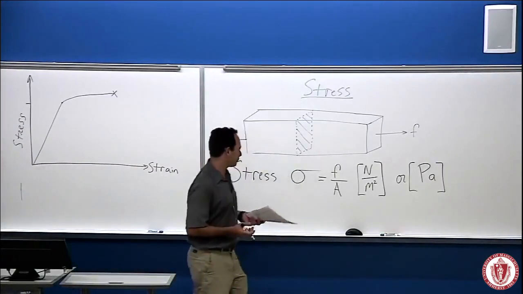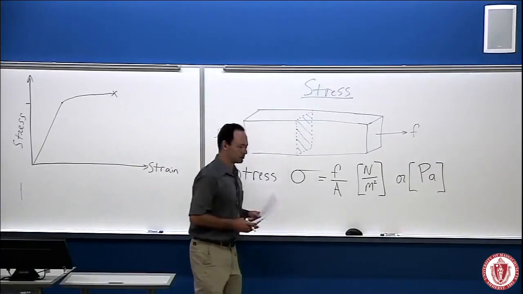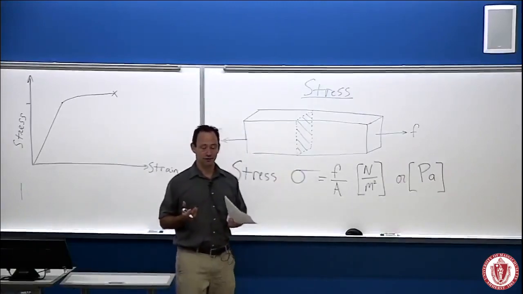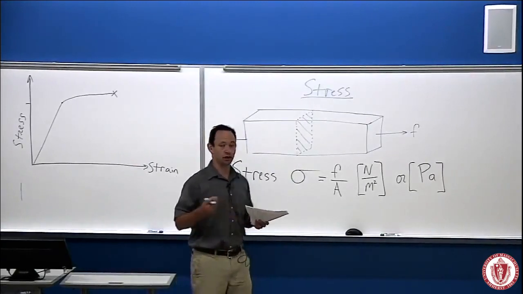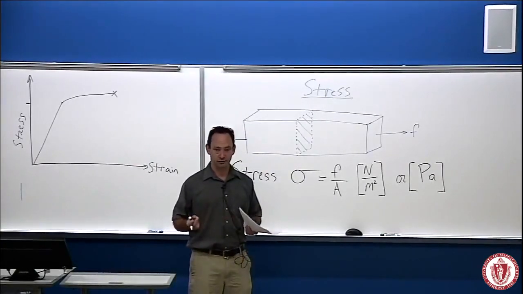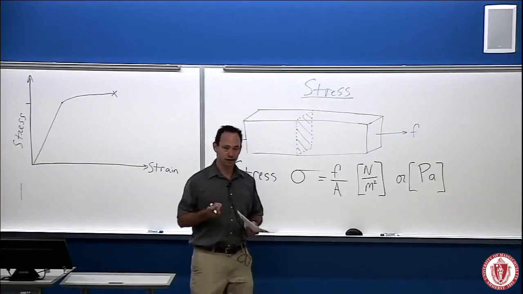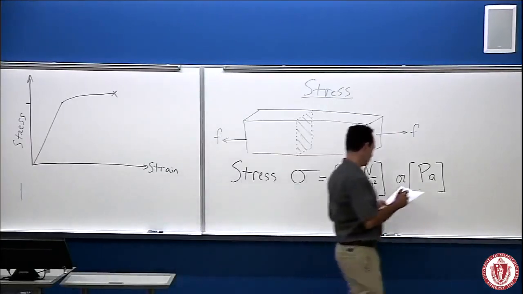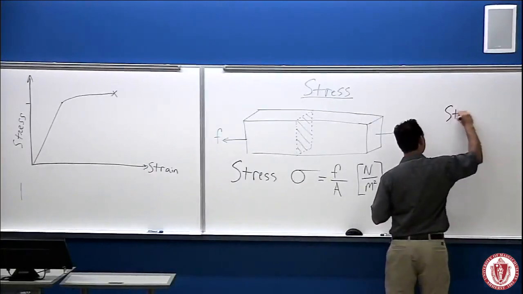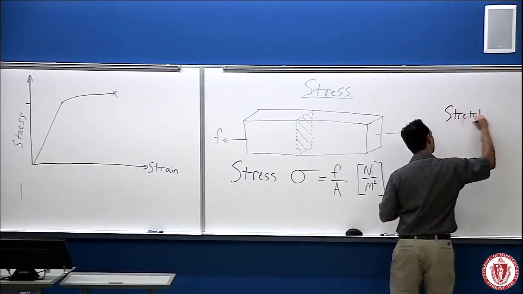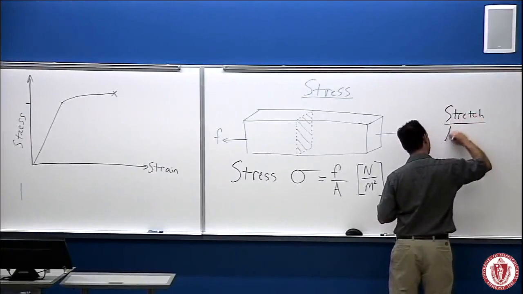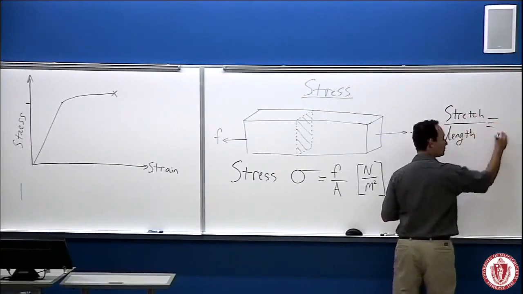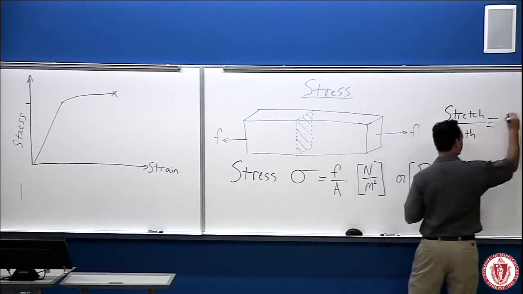If I'm pulling on this bar and it stretches a centimeter, that's a very different experience than if we had a bar a kilometer long and we stretched it a centimeter. What really matters is not the stretch, but the stretch per length. And that is called the strain.